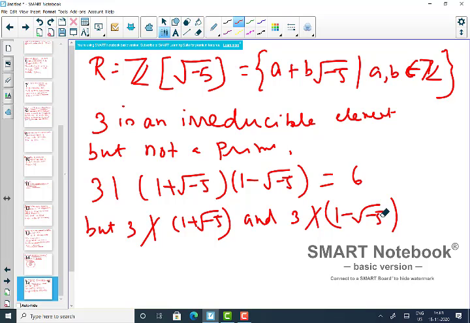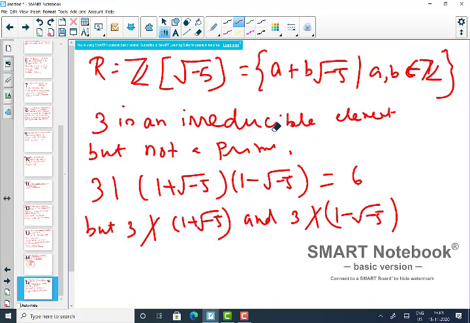So 3 is not a prime, but believe me, 3 is an irreducible element. I will give you the proof when I use something called the norm function and Euclidean domain. So there are elements which are irreducible but not prime.